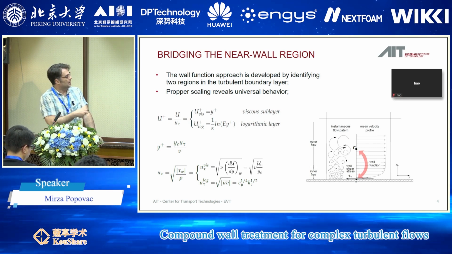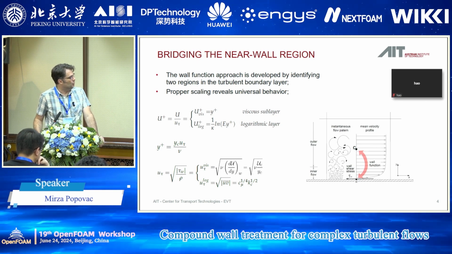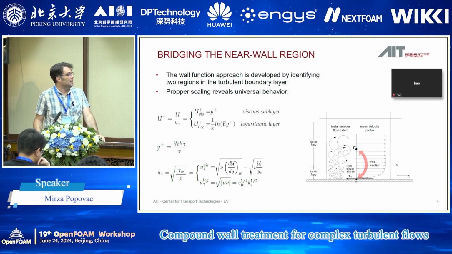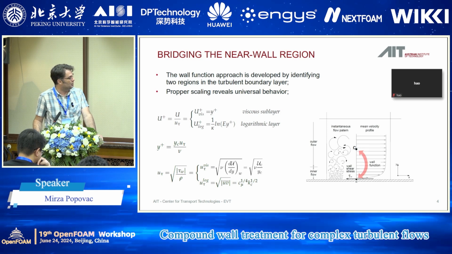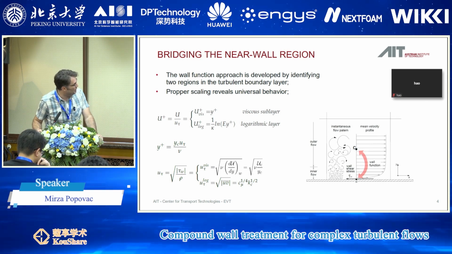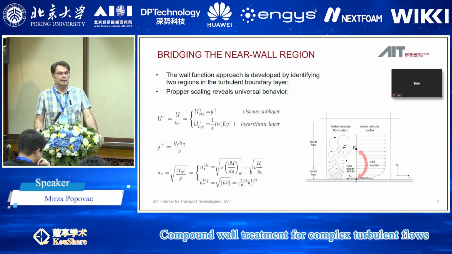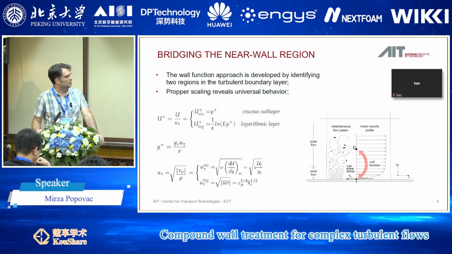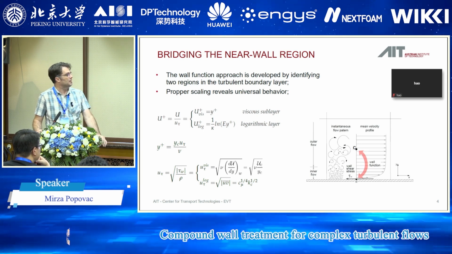If you are not so lucky, if your center is far away, like in this fully developed profile type, then your velocity reconstruction fails miserably in predicting wall shear stress, and you have to use some pre-knowledge about it, and the pre-knowledge comes from the observation, both experimental and numerical, that two distinct layers can be identified in the boundary layer: the viscous inner flow and the fully turbulent outer layer.